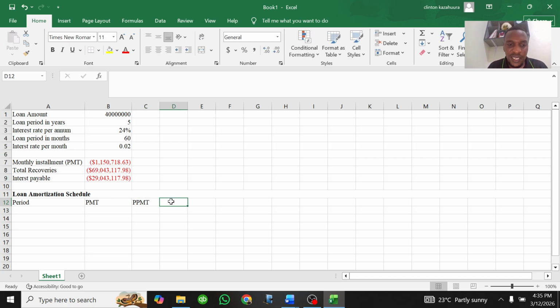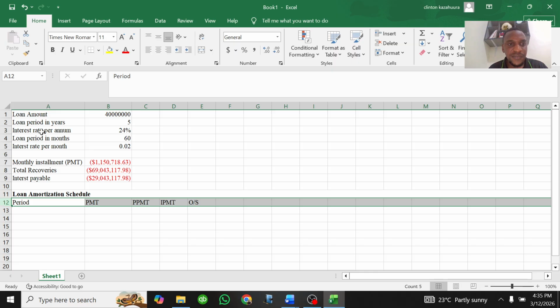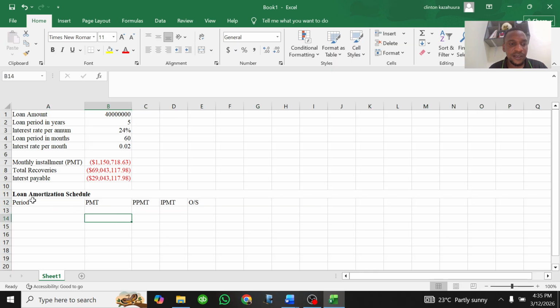Then the next thing we shall have is interest payment, denoted by IPMT. These acronyms are actually acceptable. Then also the outstanding balance, denoted by OS. So this is how our schedule is going to look like.